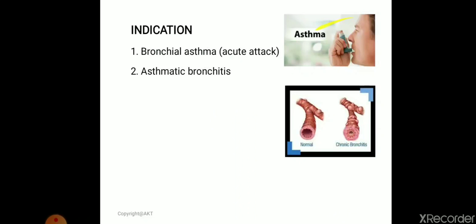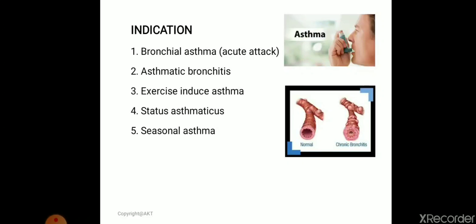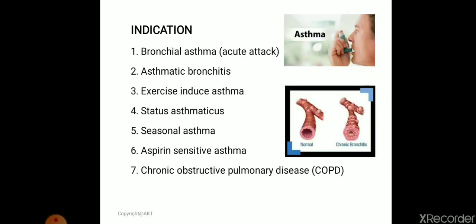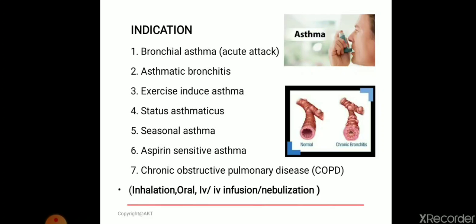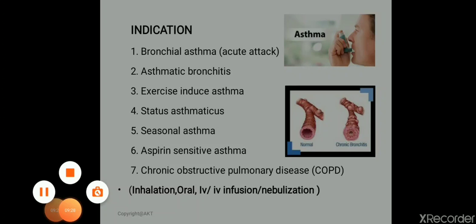You can see in the figure, inhaled salbutamol is very effective for the acute attack of asthma, asthmatic bronchitis, exercise induced asthma, status asthmaticus, seasonal asthma, aspirin sensitive asthma, and chronic obstructive pulmonary disease. Salbutamol can be given as inhalation, orally, as an IV bolus or IV infusion, or even as a nebulization. Thank you.